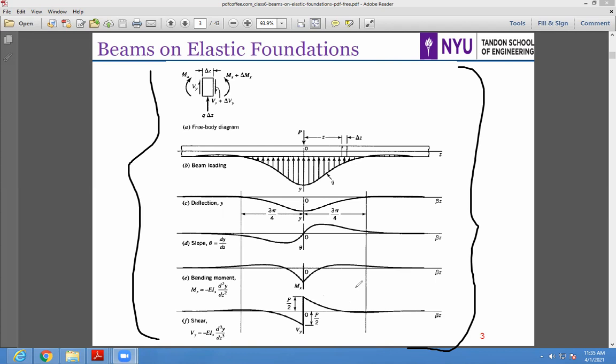By putting the value of beta z as 3 pi by 4, etcetera, we get the values of the slope, deflection, moment and shear.